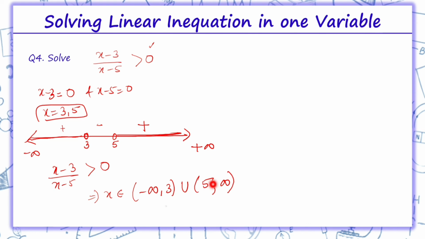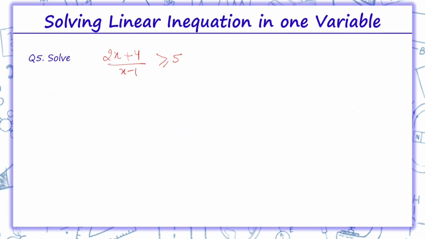So the solution set of this inequation is given by minus infinity to 3 union 5 to infinity. So this is how we have to solve the linear inequation of the type (ax plus b) upon (cx plus d) greater than or equal to 0.